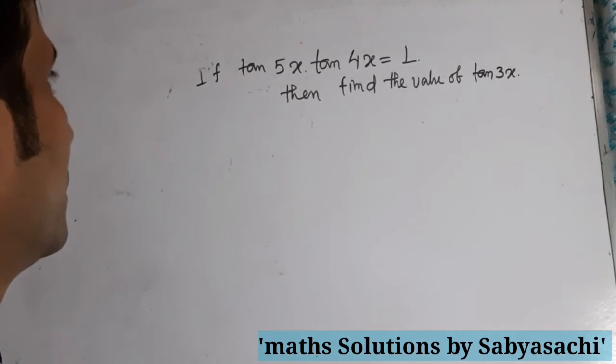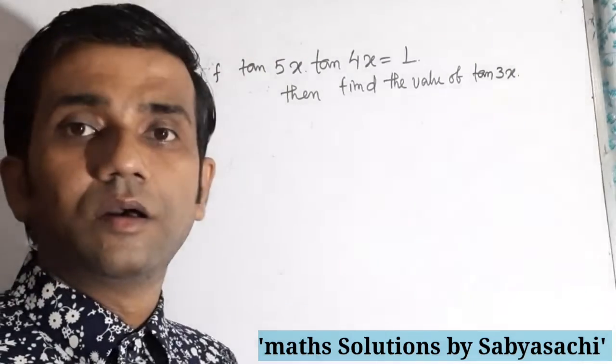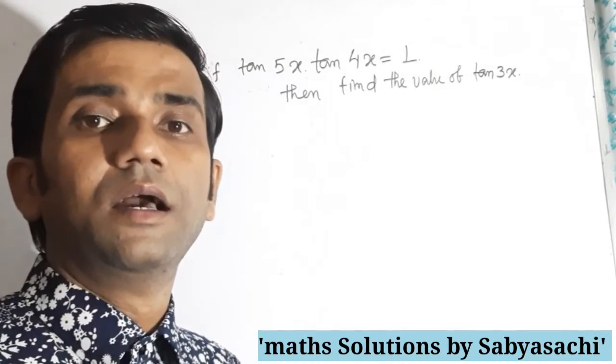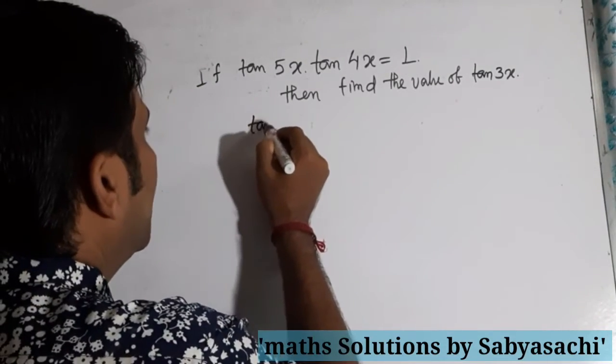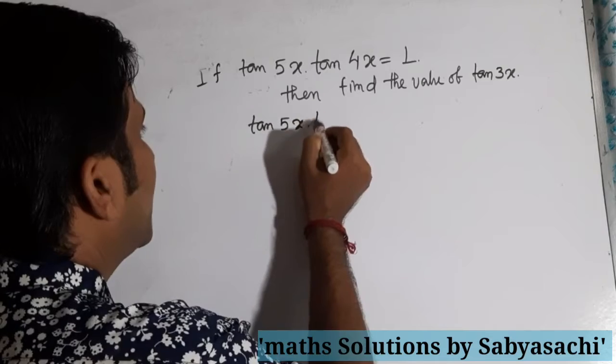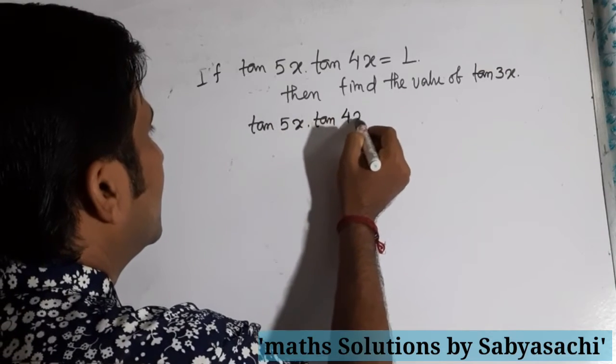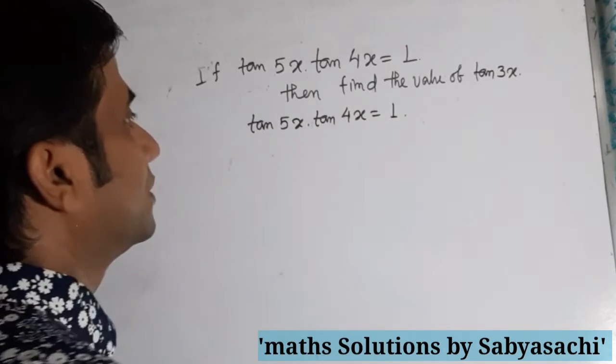From the identity, you get tan 5x into tan 4x is equal to 1.